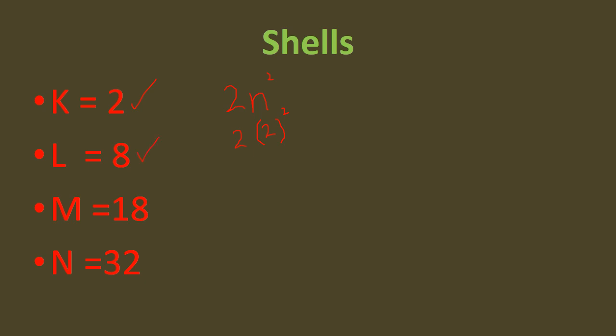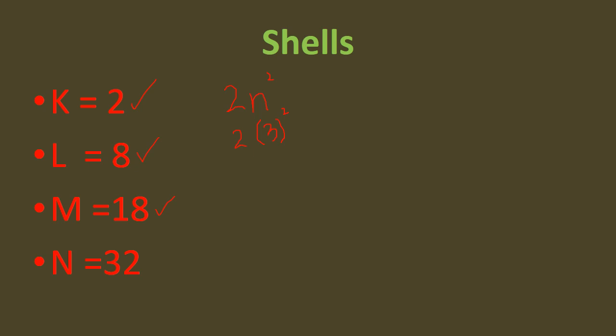So in this way, L shell can accommodate 8 electrons. And if I move toward M shell, what is the value of M shell? Its value is 3. So now I have to put 3 at the place of n, and its answer is going to be 18. So in this way, M shell can accommodate 18 electrons.